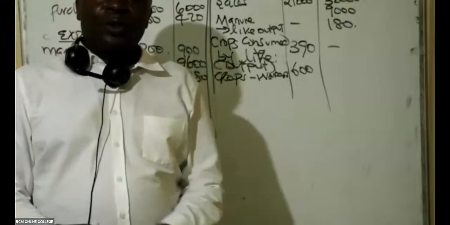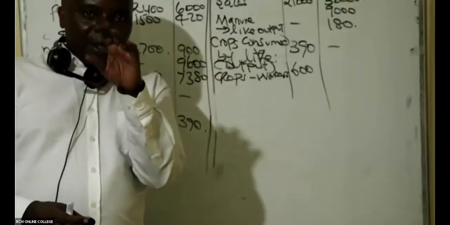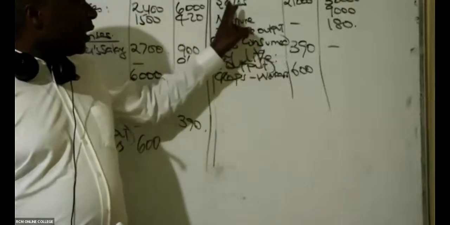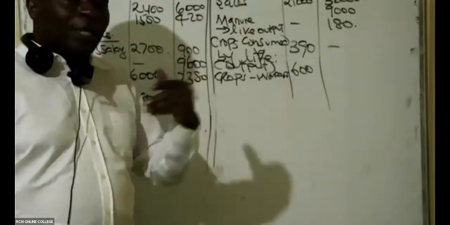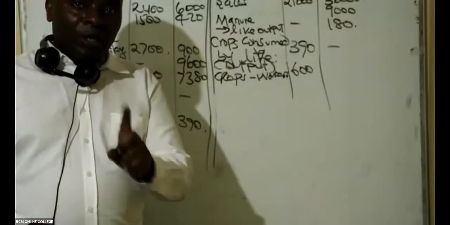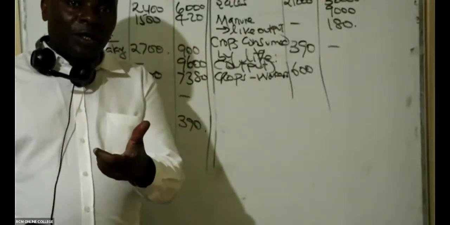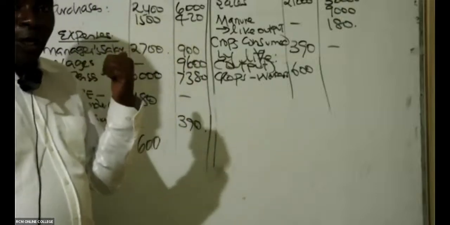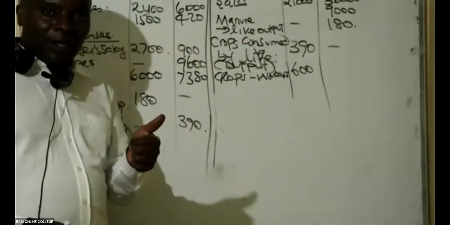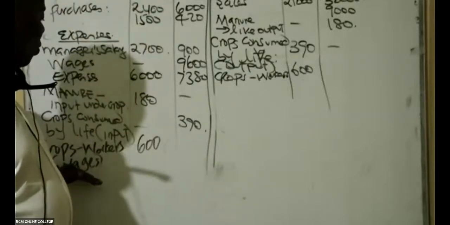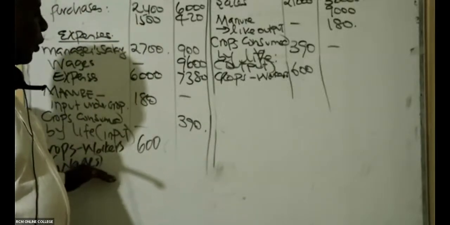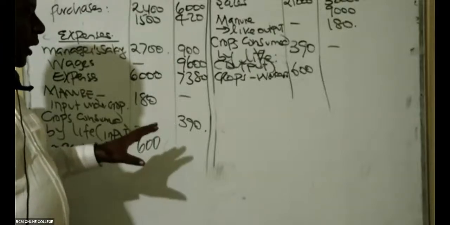So for us, what we shall do is to assume straight away that here, where we take the sales, normally taken on the credit side. So in this case, crops to the workers, we just assume we sold crops worth 600 to our workers. And then go to the expenses part, because we never paid these workers at the end of the day, and book this as an expenditure.